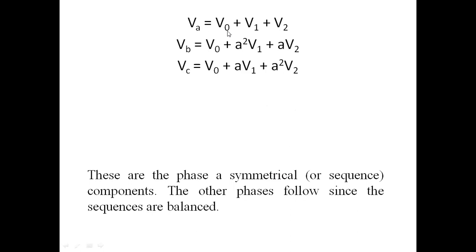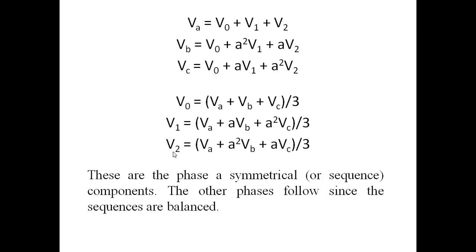So VA equals V0 plus V1 plus V2, which means phase A voltage is equal to the zero sequence voltage plus positive sequence voltage plus negative sequence voltage. Similarly, phase B voltage is equal to V0 plus a square V1 plus a V2, and VC is equal to V0 plus a V1 plus a square V2.